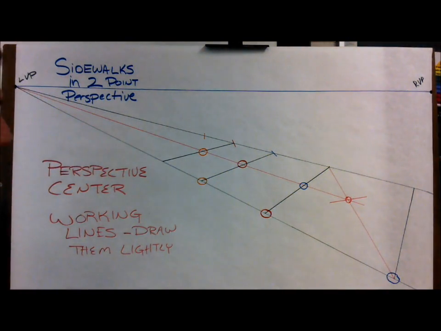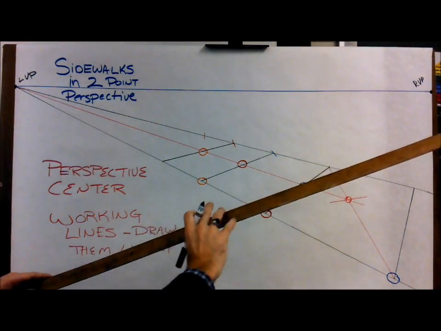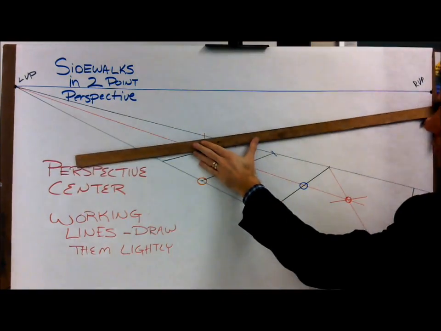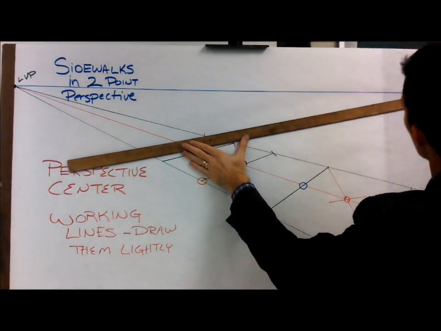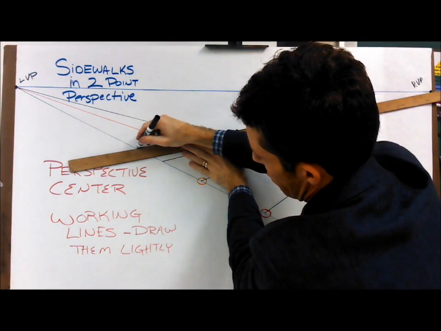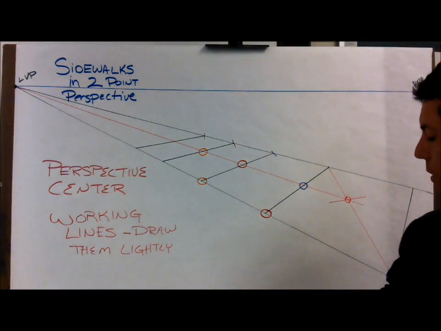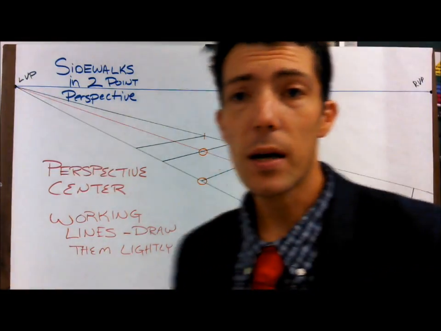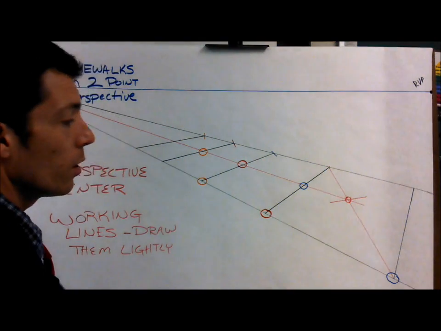Again, taking from my right vanishing point and taking my ruler, I'm going to draw that line, and there we go. So go ahead, if you haven't been doing this through the process, go ahead and make those marks.